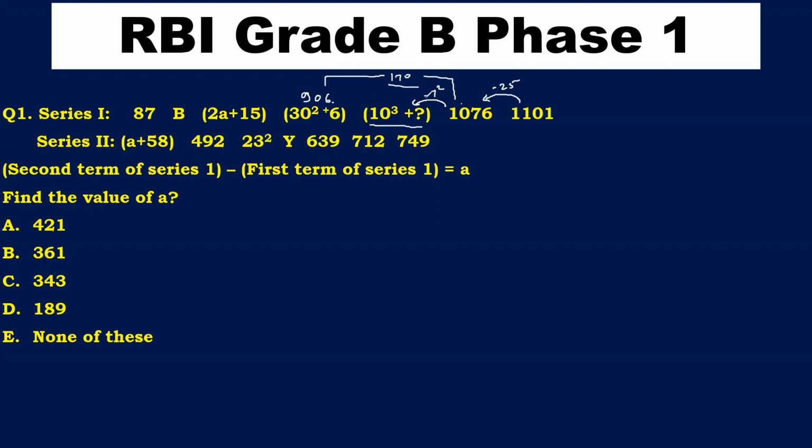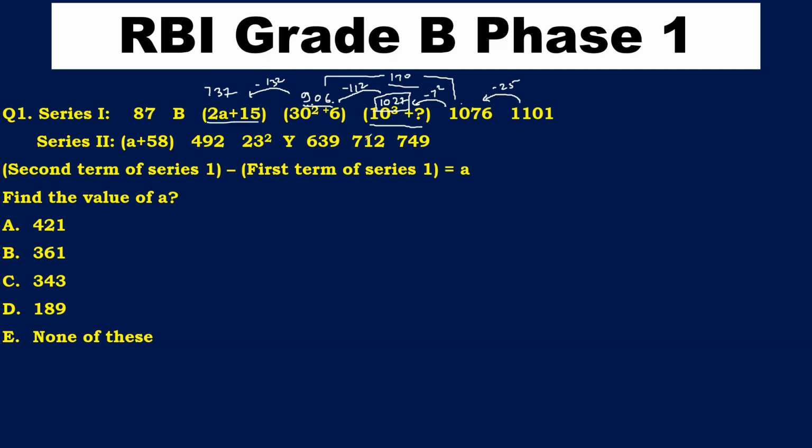So 7 square being 49, it will be 1027. And now if you subtract 11 square, it will be 906. And now you'll have to subtract 13 square. 13 square is 169, so if you subtract 169 from 906, the answer will be 737.